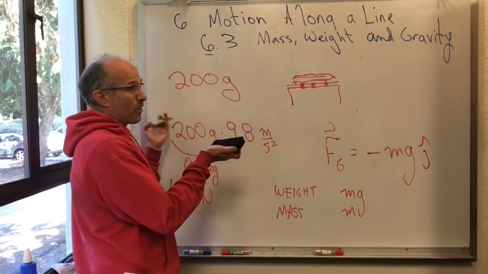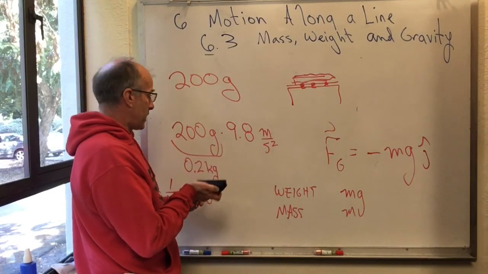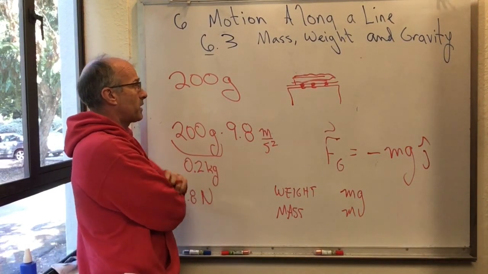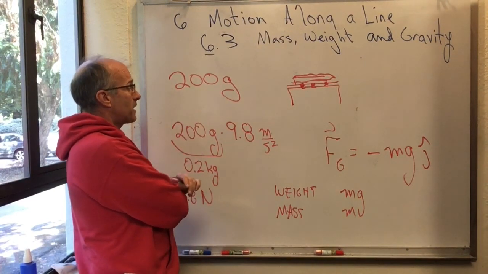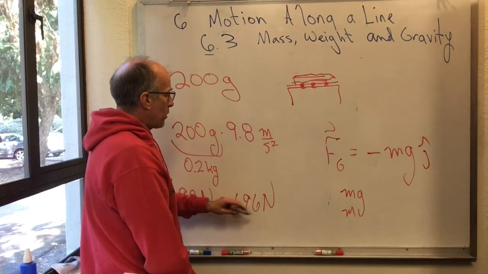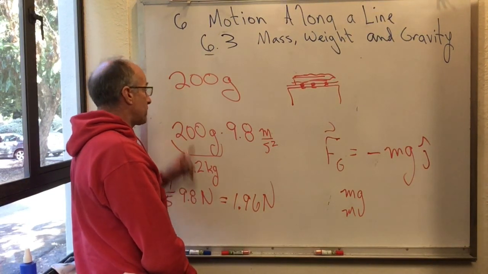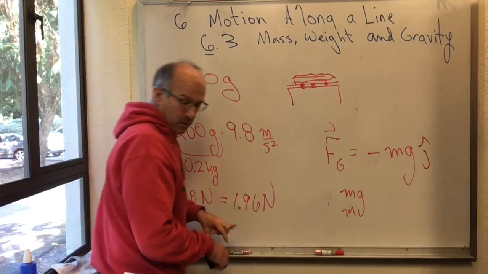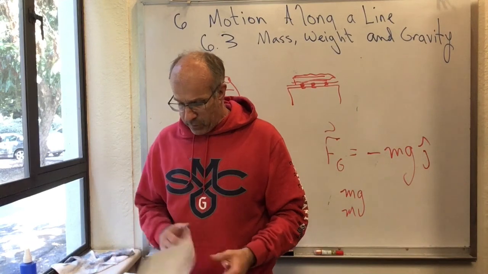And of course, since we're all buying and selling our ham on the surface of the Earth, where g has value 9.8 meters per second squared, selling someone 1.96 newtons of ham is the same thing as selling them 200 grams of ham. So that's an important distinction to keep in mind as we go to places with different amounts of gravity.